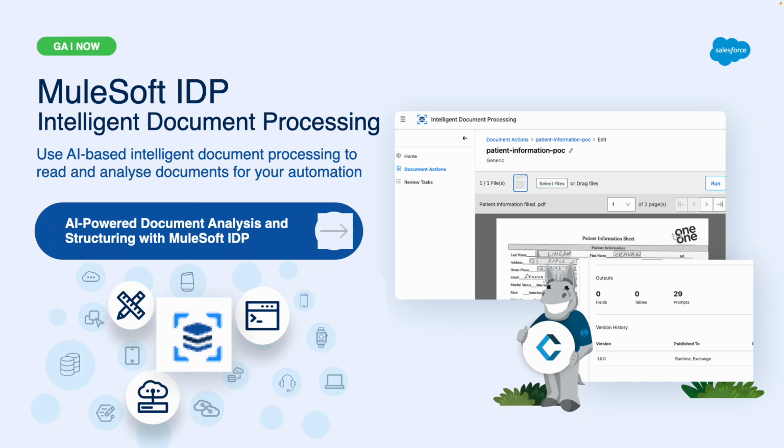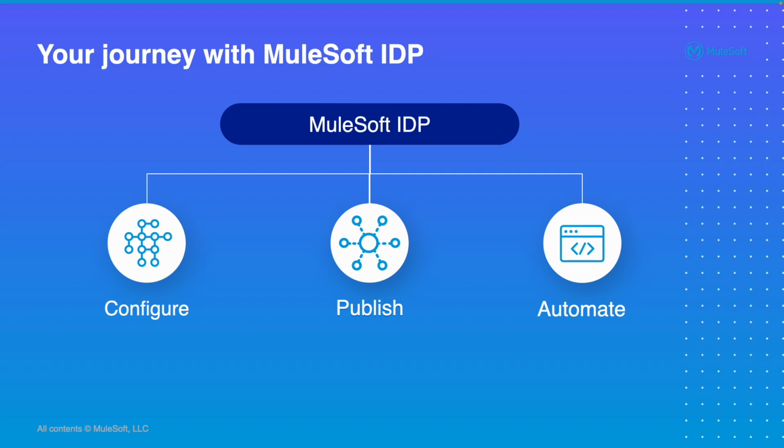As I already said, it is AI-powered document analysis and structuring with MuleSoft IDP. When I say AI, it internally has AI technologies like deep learning, machine learning, and natural language processing. All right. So I have divided this into three different steps.